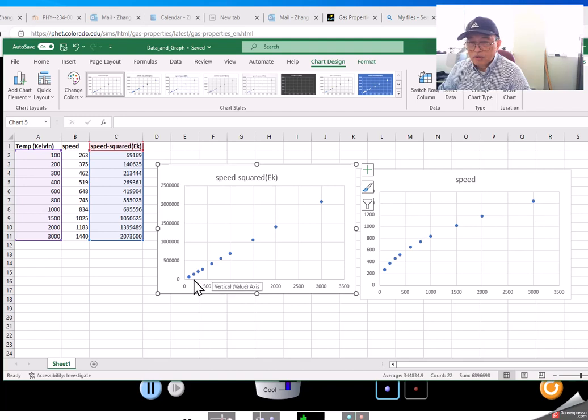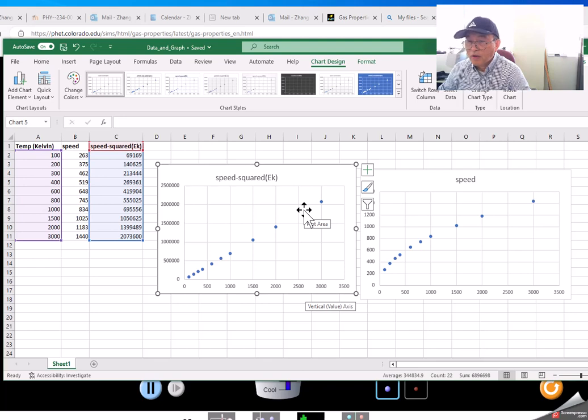But then if you plot the square, which is half mv squared, that's kinetic energy, and proportional to it, then you see it's a straight line. Whenever mathematically it is a straight line, we call it linear. It means the temperature is tied directly, or proportional, to the speed squared, and is proportional to the kinetic energy.